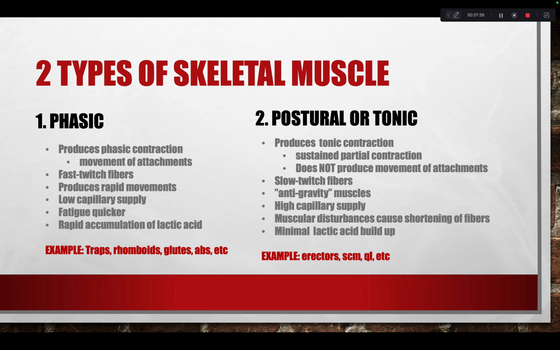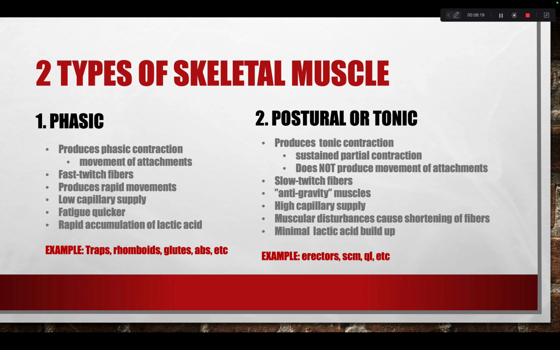All right, so postural or tonic muscles, again, produce your tonic contraction, sustained partial contraction, right? These are slow twitch fibers. So we need these fibers to not get tired quickly, and we need them to kind of hold on to that posture, right? These are anti-gravity muscles.